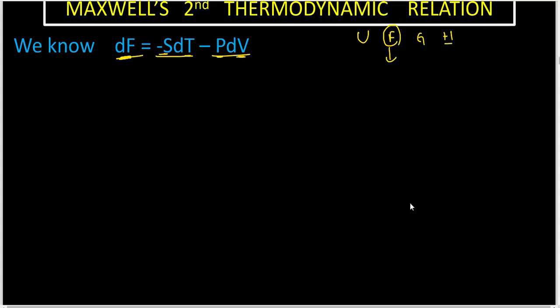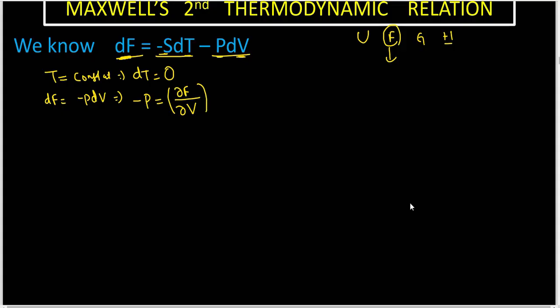Second equation. So on this part, if same process, if temperature T equal to constant, then dT equal to 0, then what will happen? Then dF is equal to minus P dV. That implies minus P is equal to ∂F/∂V at constant temperature T. This take as equation number 1.